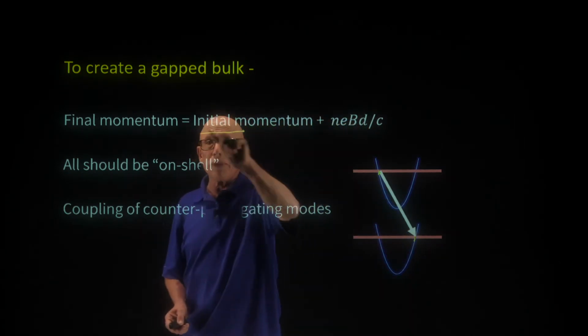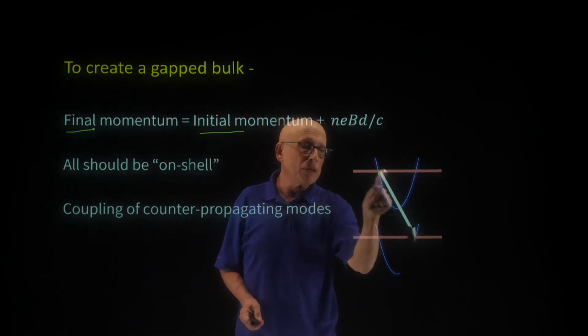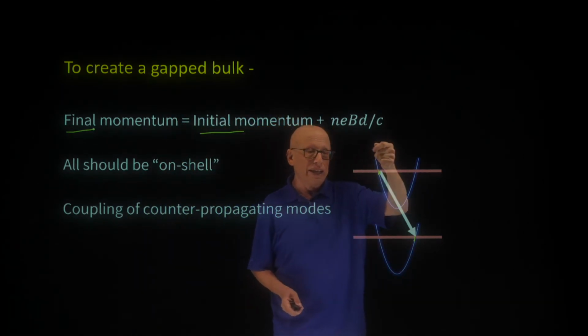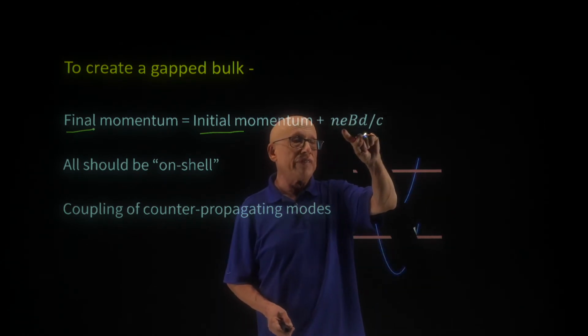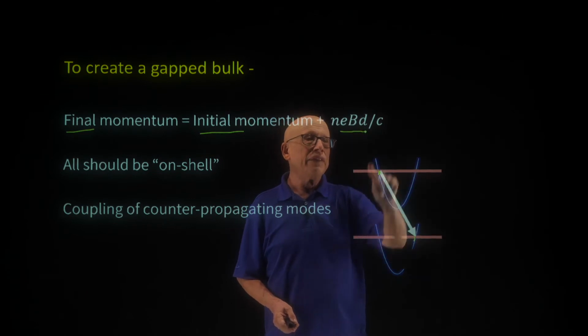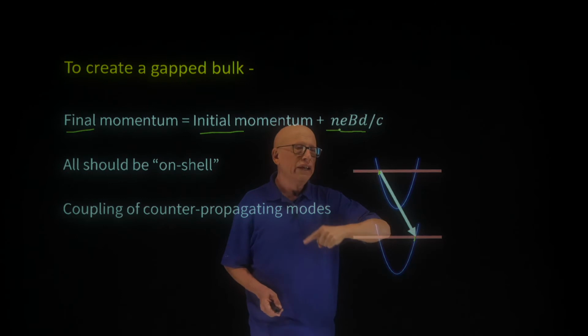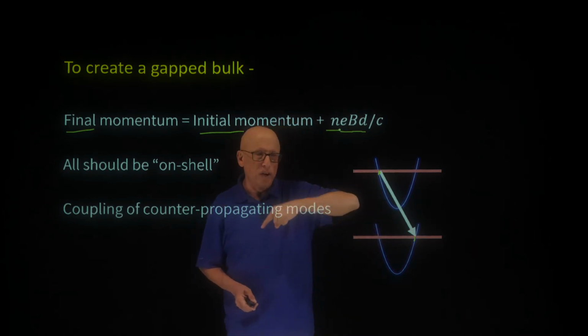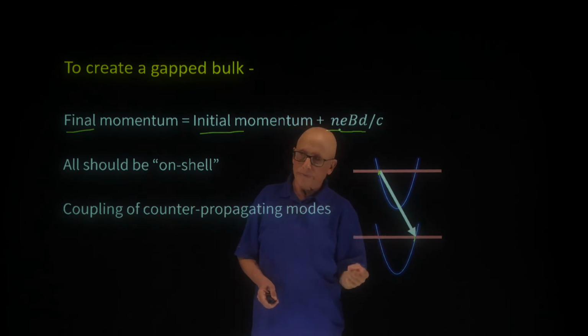So an initial momentum and a final momentum. And in between, there's a momentum difference, which the electron gets from the Lorentz force. And that momentum difference is e times B times d divided by the speed of light, multiplied by how many wires are being hopped over in the tunneling process.